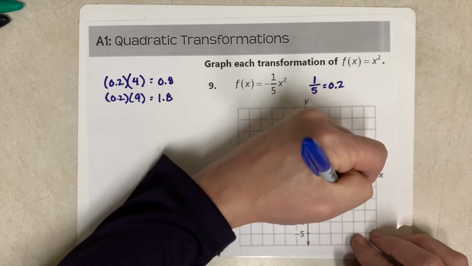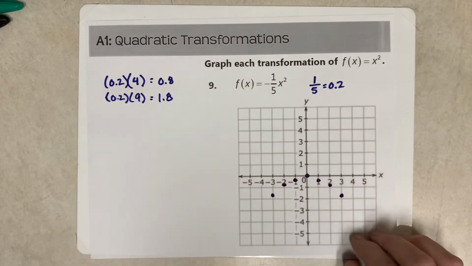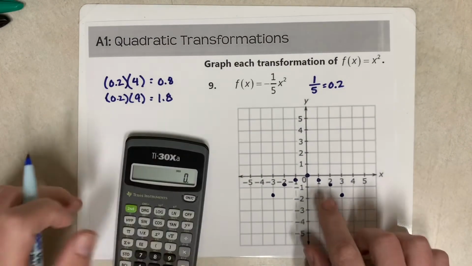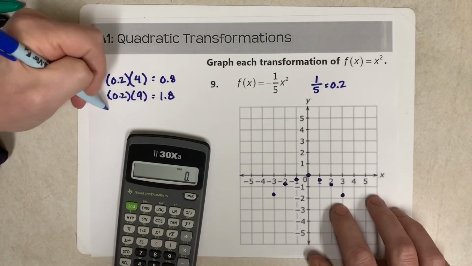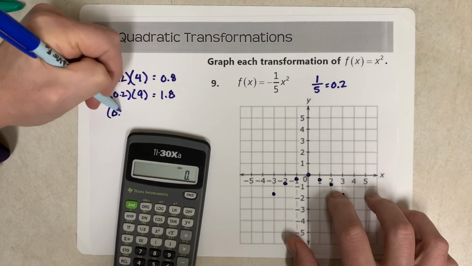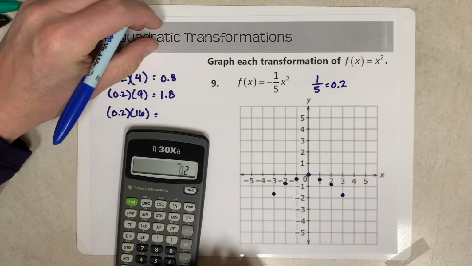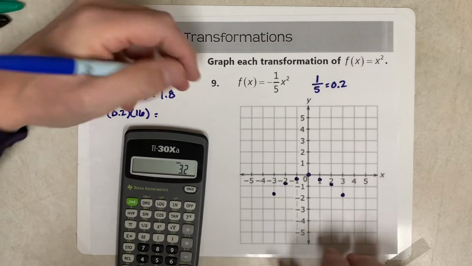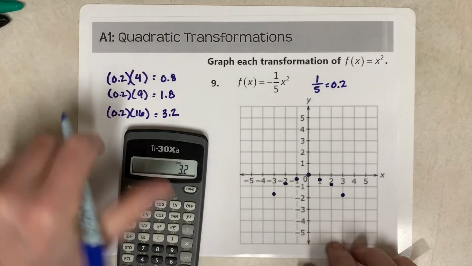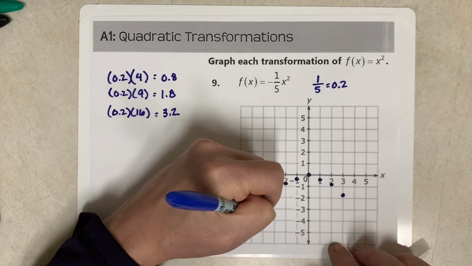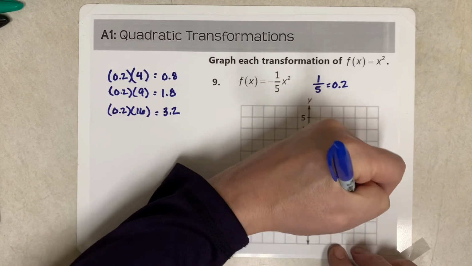And we see that we're getting significantly wider, which is what we're supposed to do. It used to be over 4, down 16, but now we have to take 0.2 of that. Okay, so 0.2 times 16, 3.2. So we're going to go over 4, down 3.2, which is about right there.